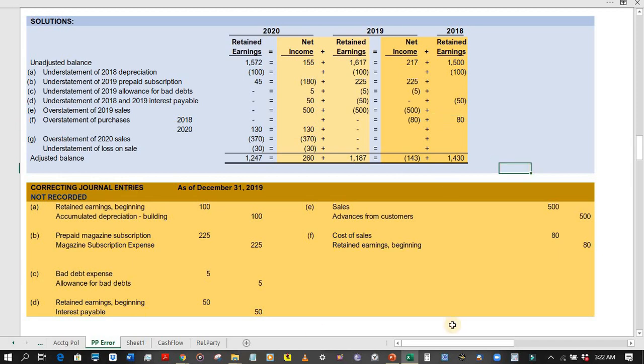These correcting journal entries will not be recorded in the books, because what is to be recorded in the books are the correcting journal entries that we have prepared as of December 31, 2020 and not as of December 31, 2019. These are only working paper entries in order for us to prepare the 2019 restated account balances.